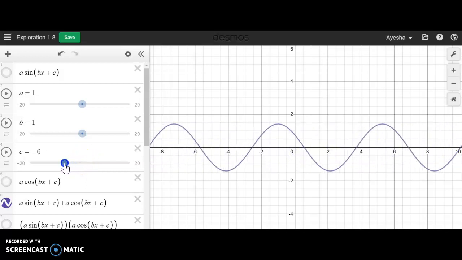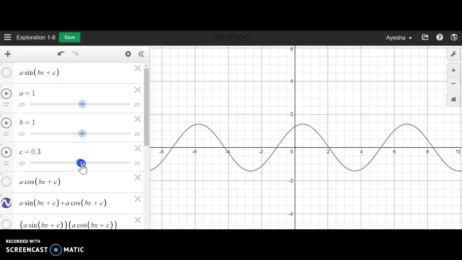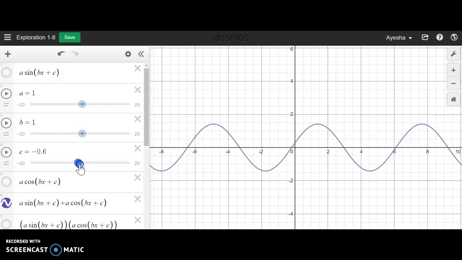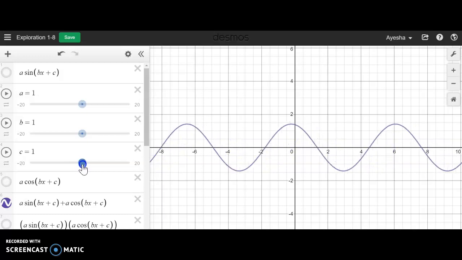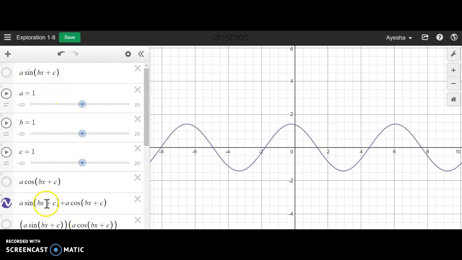And it makes sense why there's a horizontal shift in the graph when we're changing our number for c, because as with most of our parent functions, such as quadratics or cubics, when we have an inside piece where we have x and we're adding or subtracting something, there's a shift in the graph horizontally, but it moves opposite to the sign in front of c.